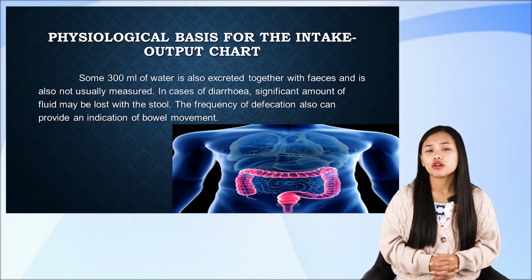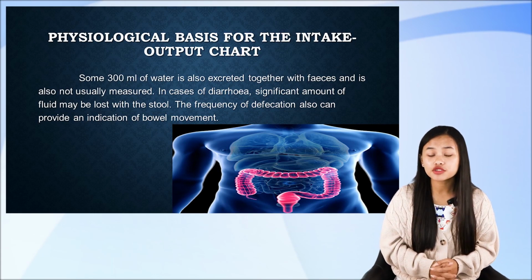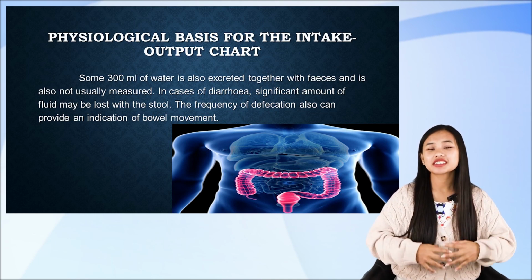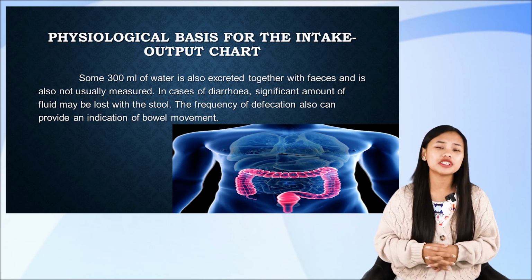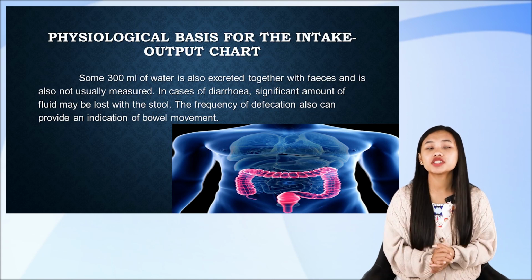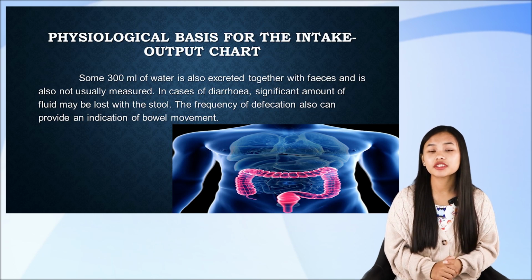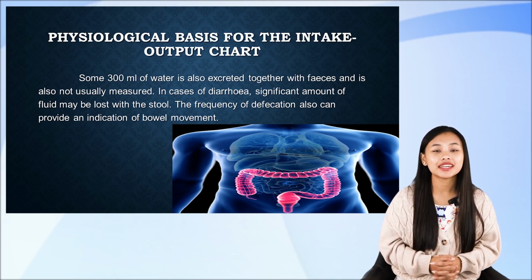Some 300 ml of water will also be excreted together with feces, which is not usually measured. So here, in case of diarrhea, a significant amount of fluid will be lost with the stool, right? So for these patients, we will be recording the frequency of defecation, because this can also provide an indication of the bowel movement.